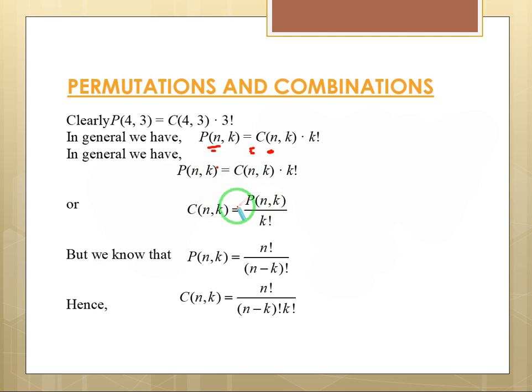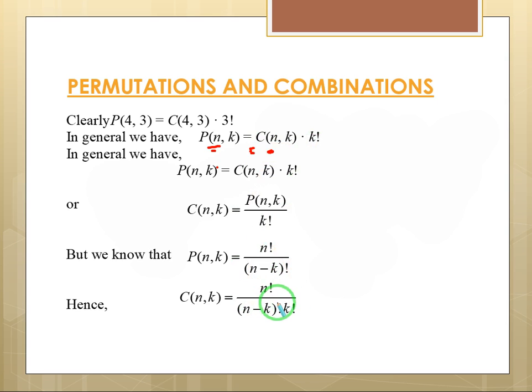From this formula we can get this. Again, we also know that P(n,k) is n factorial divided by (n minus k) factorial, and the formula for the combination is the same, n factorial divided by (n minus k) factorial, but with the extra term of k factorial.